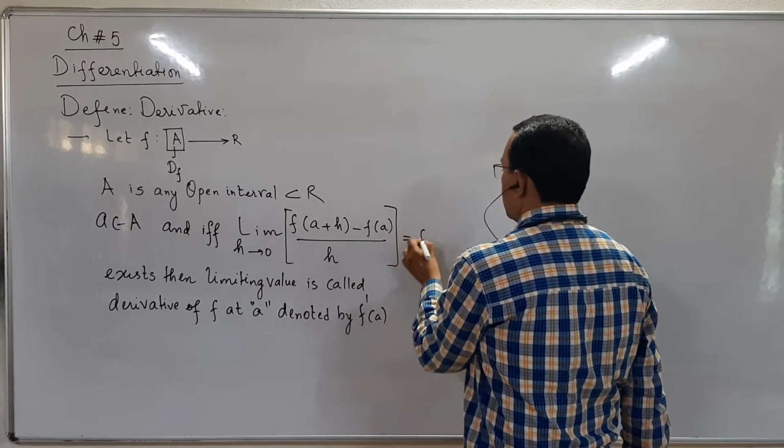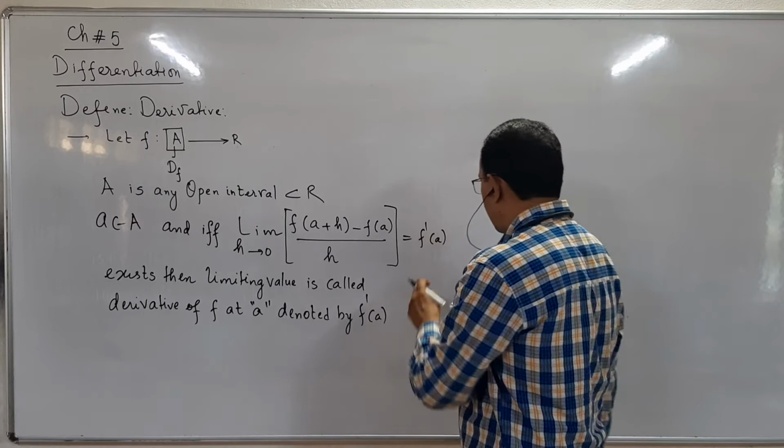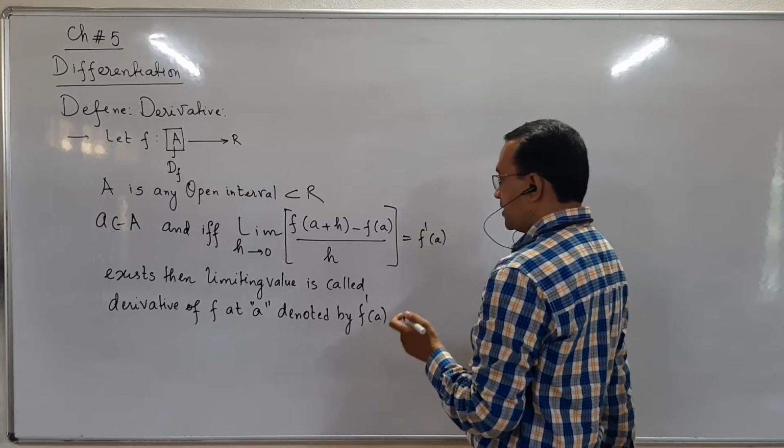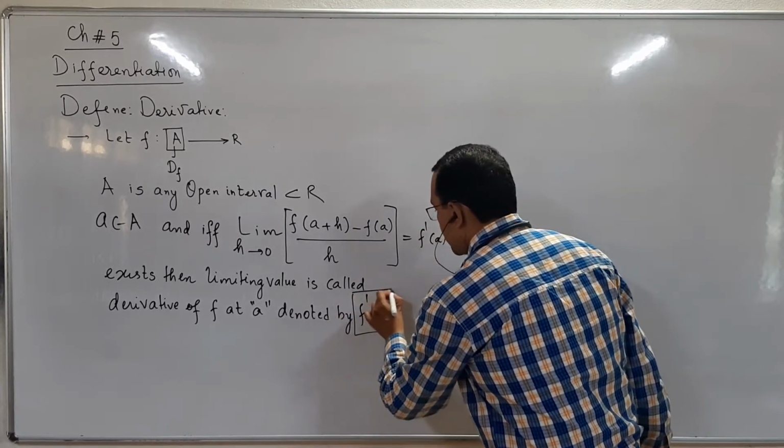So the derivative of f at a is denoted by the symbol f dash.